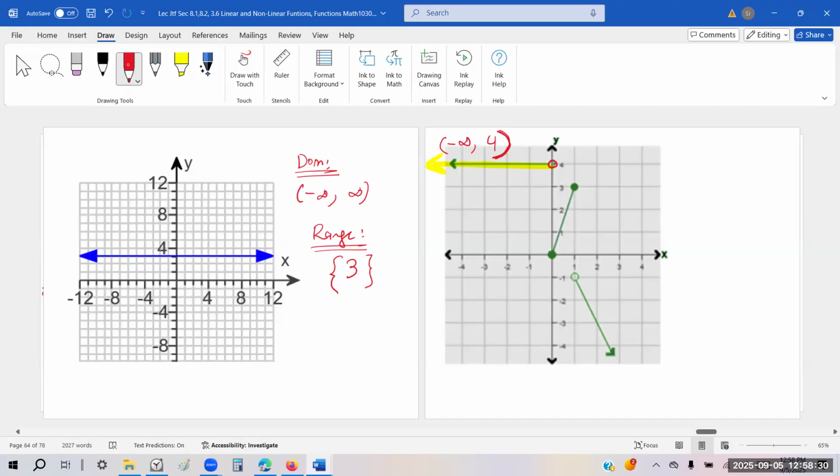But you're saying it's not 4, but I see it up there. Do you see the y value there? I see a hole there. Do you see the hole? Yeah, I see the circle. So when you have a hole, it's not a circle, it's a hole. Oh, yeah. It means it's empty. So do you have any y value there? It's supposed to be 4.